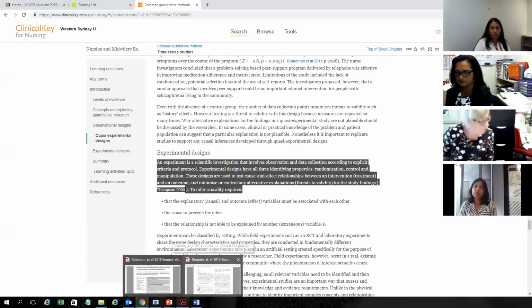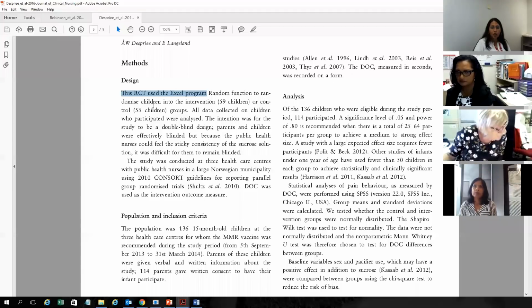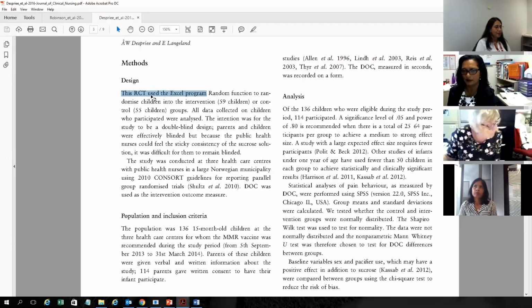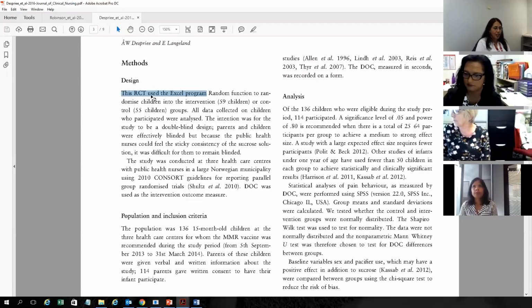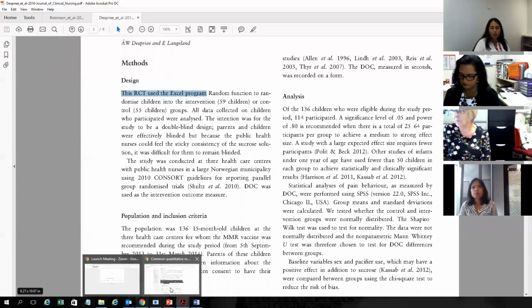So let's go back to this article. What's RCT? Can you type in the chat box, please? What's RCT? Okay, Rona and Shija, is that right? Randomized controlled trial? Yeah. Okay, so that means it is an experimental design, as we read here.